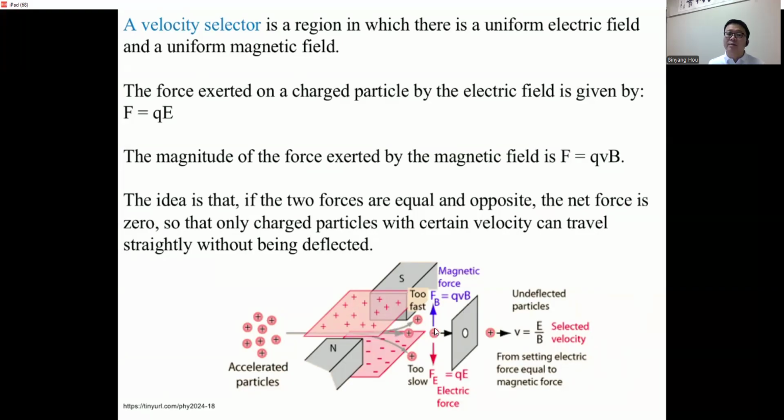Particles with any other velocities will be deflected, either with larger F of B or larger F of E, larger magnetic force or larger electric force. It will be directed either upward or downward, so it will not pass through this device. Such a device is called a velocity selector, or you can use this to find the velocity of particles that go through straight.